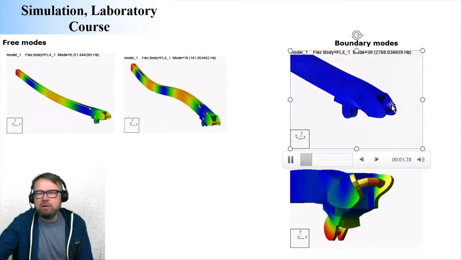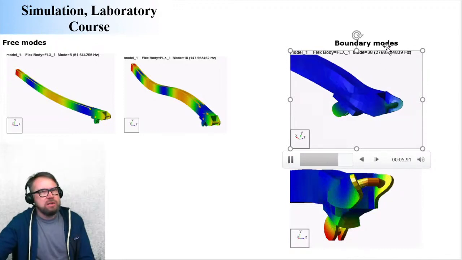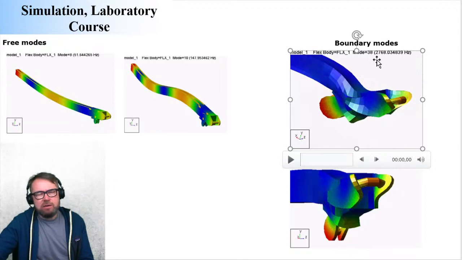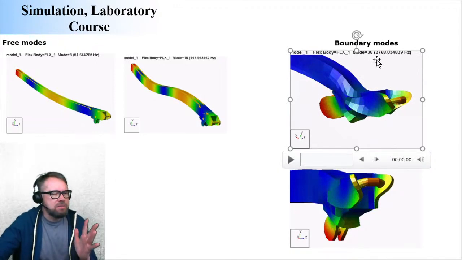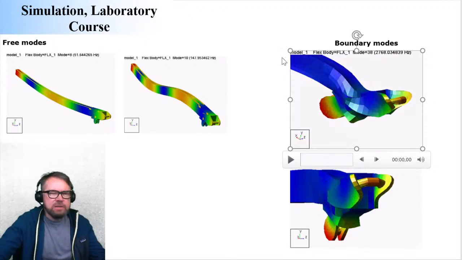The boundary modes are often associated with the higher frequencies. This is another thing you need to be careful with, because the high frequency here can lead to numerical stiffness. Remember, numerical stiffness could be a problem because it leads to a situation where you have low frequencies too.